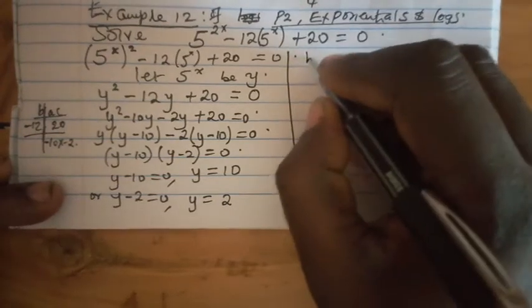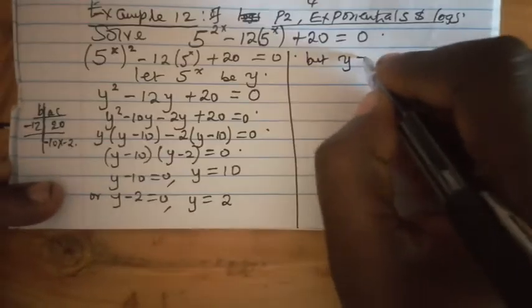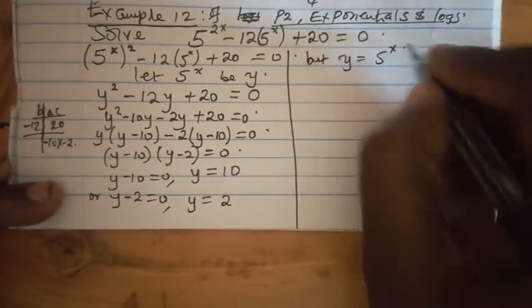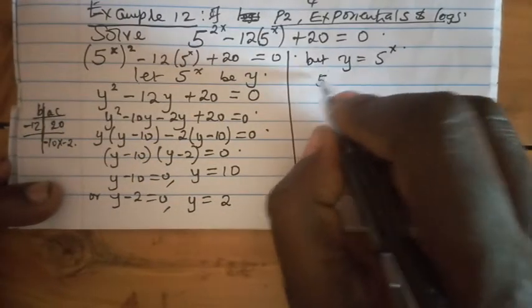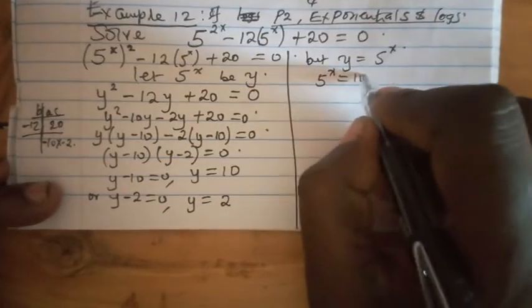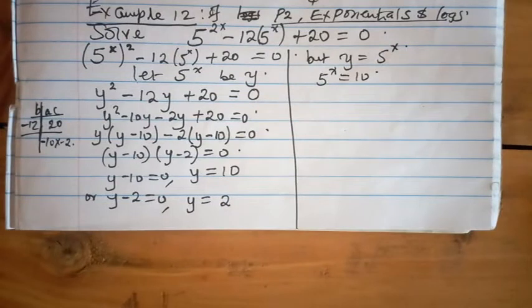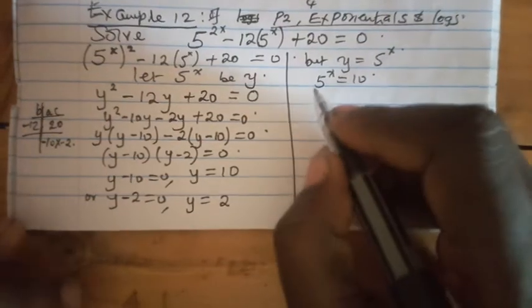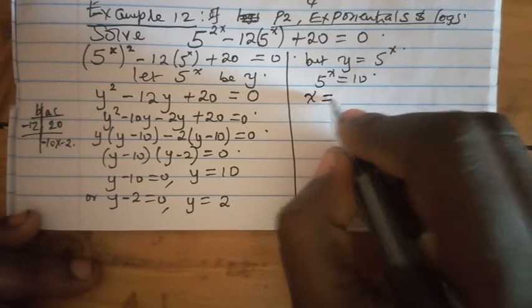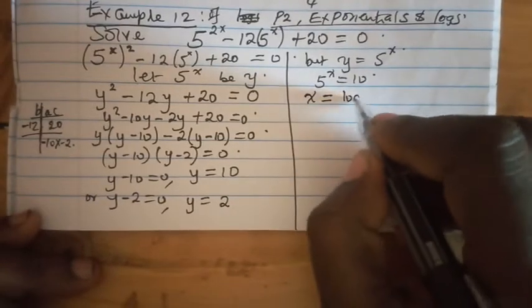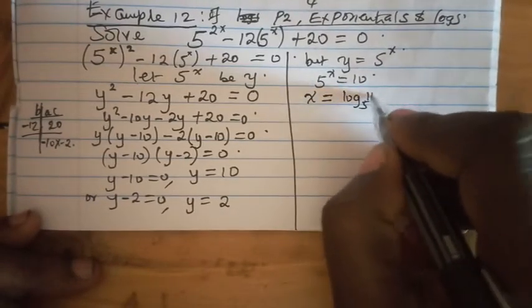So we say, but y is equal to 5 raised to power x. In other words, 5 raised to power x is 10, and we can simply introduce log to base 5 on both sides, so that we have x is equal to log to base 5 of 10.